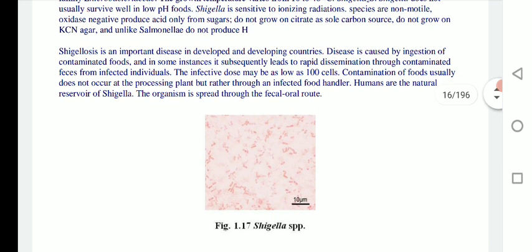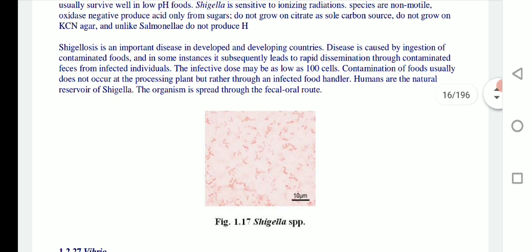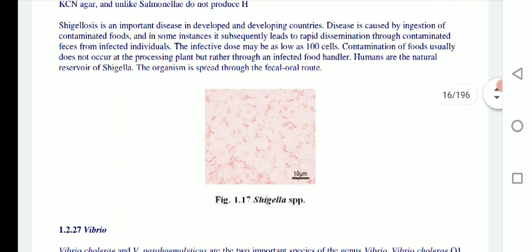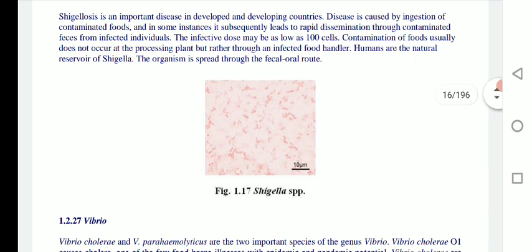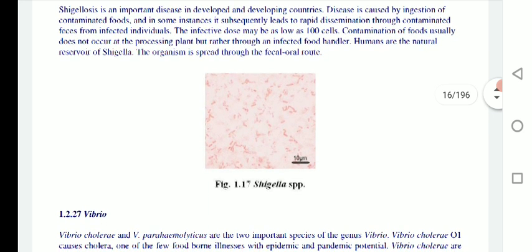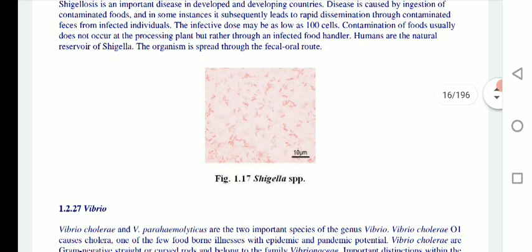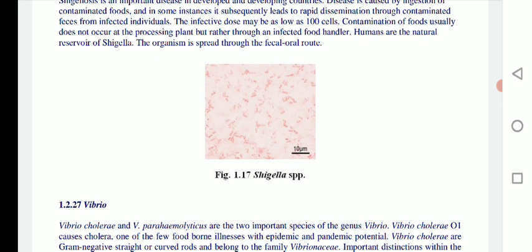And the contamination of foods usually does not occur at a processing plant, but rather through an infected food handler. Humans are a natural reservoir of Shigella. Basically this bacteria is present in feces. So humans are the main reservoir of Shigella, and the organism is spread through the fecal-oral route.